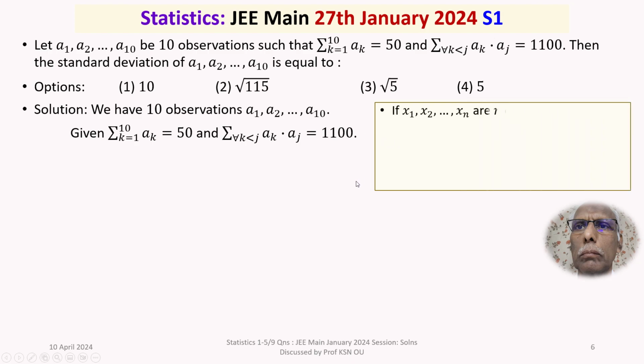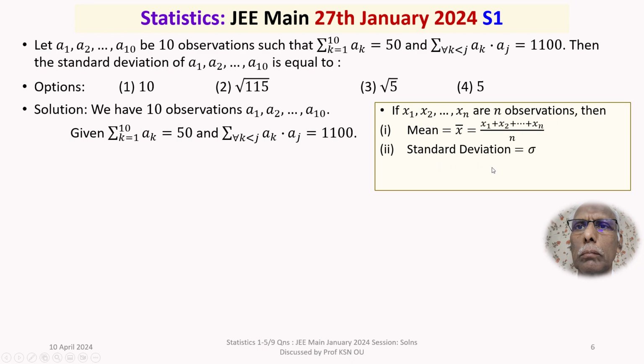Now we recall, if x1, x2, ..., xn are n observations, then the mean denoted by x bar is equal to the sum of the observations by the number of observations, and the standard deviation denoted by sigma is given as the square root of the sum of xi square, i equal to 1 to n, by n minus x bar whole square.